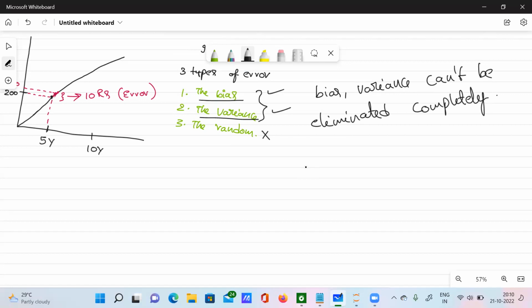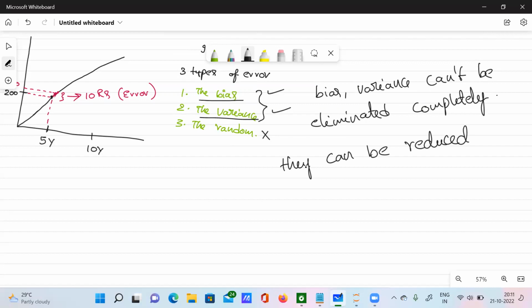But now what to do? Even though they can't be eliminated completely, still they can be reduced, right? So they can be reduced.